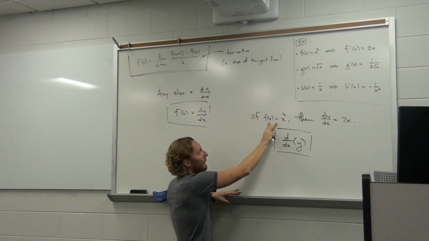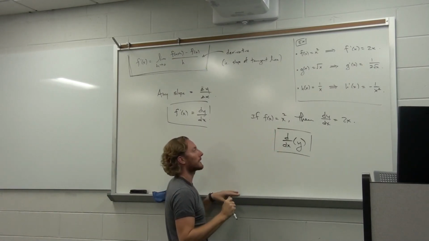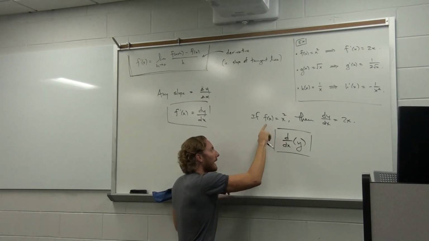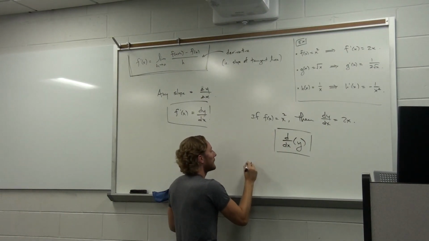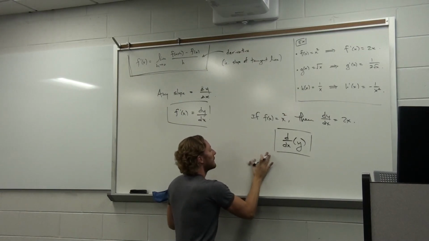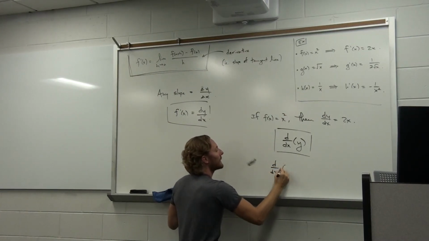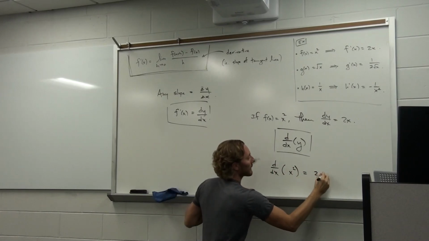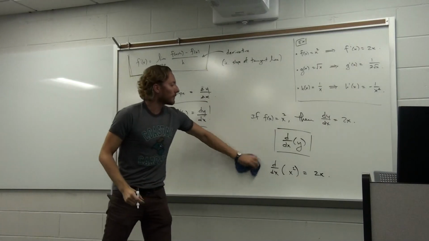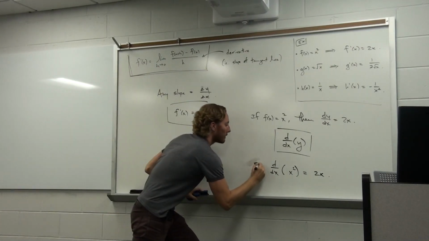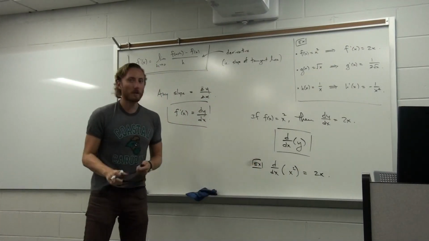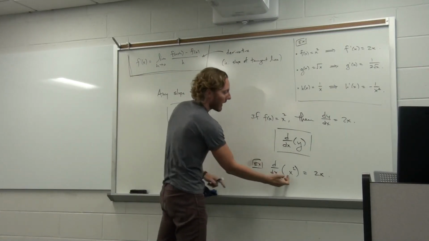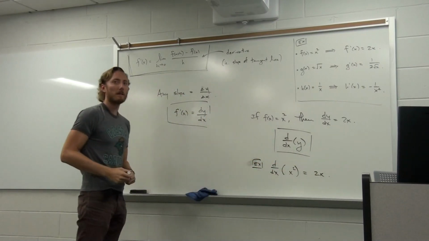In the case of f of x equals x squared, y would be equal to x squared. So we could say, in the context of this problem, d over dx of x squared is 2x. So here would be a way, by example, to see this notation in practice, which is to say the derivative of x squared is 2x.